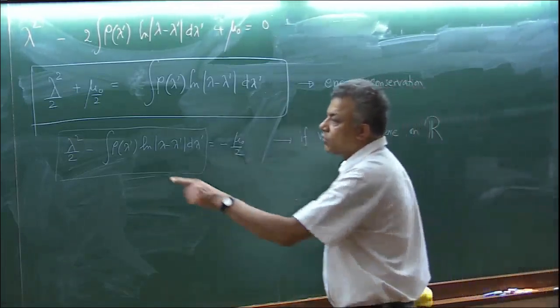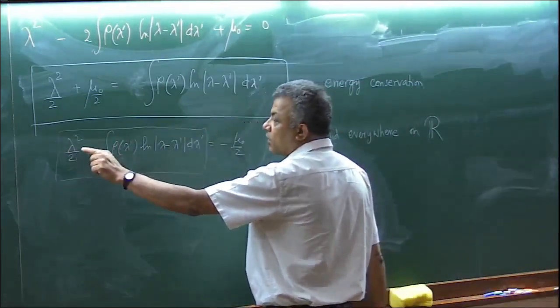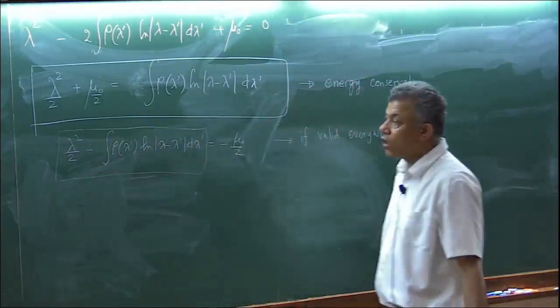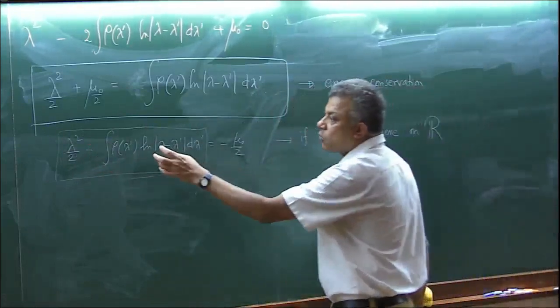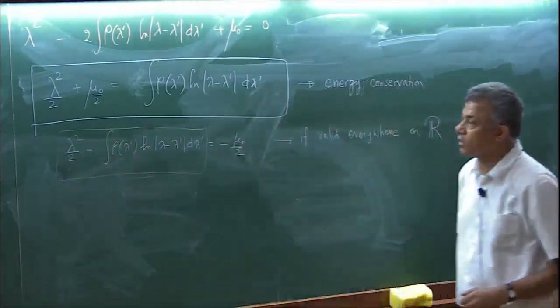If I go very far away, to positive lambda infinity, this goes like lambda square, whereas this fellow here goes like log lambda. So this is much smaller and can never compete with that guy. So how can you have a constant here?